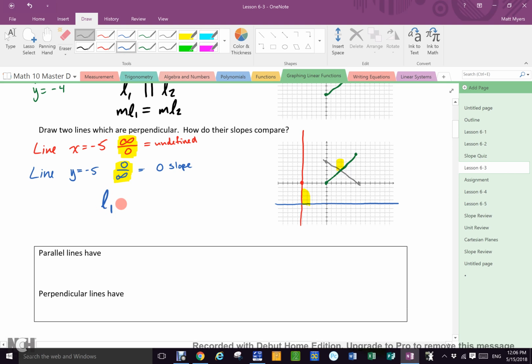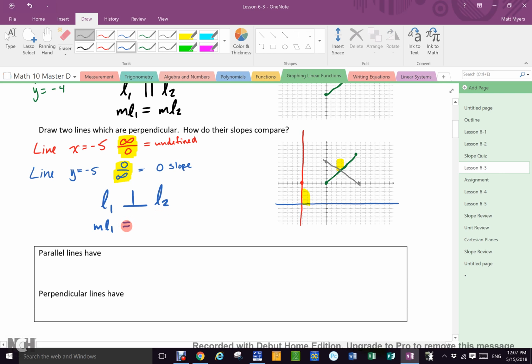If line 1 is perpendicular, which is what this symbol means, to line 2, what do I know about the slope of line 1 compared to the slope of line 2? What will happen to the slope of line 2?